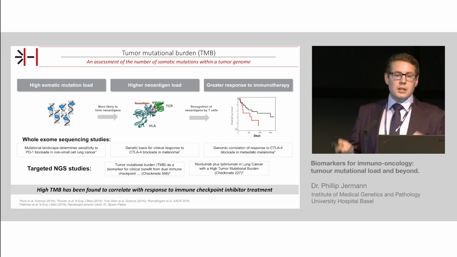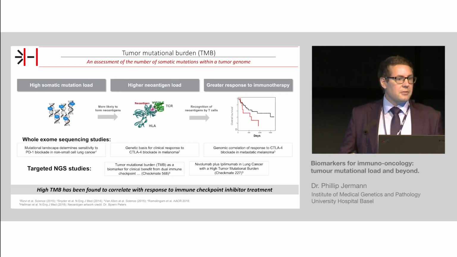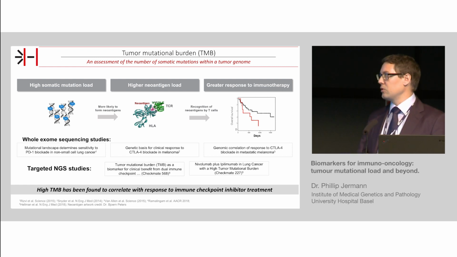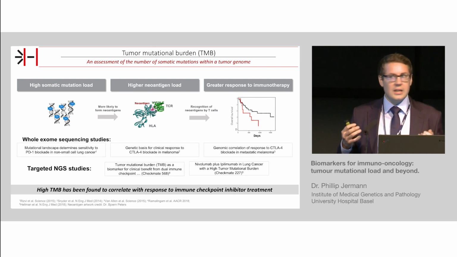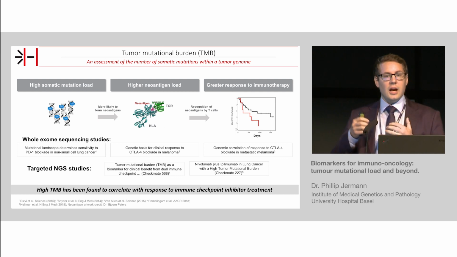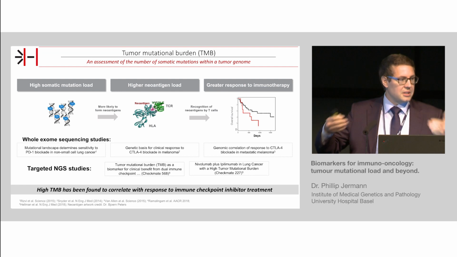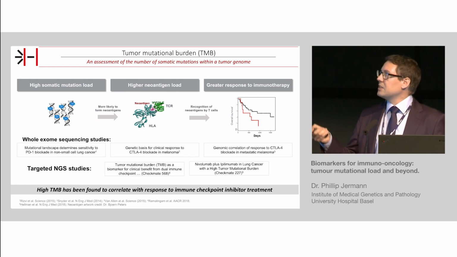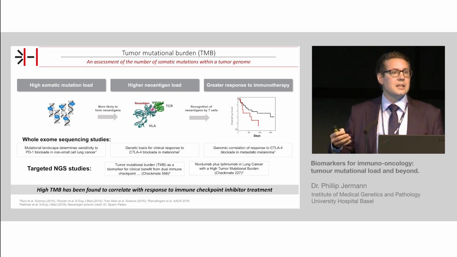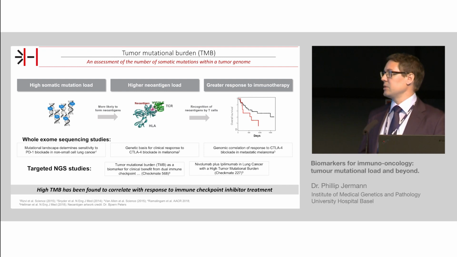So very quickly, tumor mutational burden is nothing else than counting the total number of somatic mutations in a cancer genome. And the assumption here is that the more mutations a cancer cell has, the more likely it is to actually express and present neoantigens that can then be recognized by the T cells, which then renders these patients more likely to respond to immune checkpoint inhibitors.